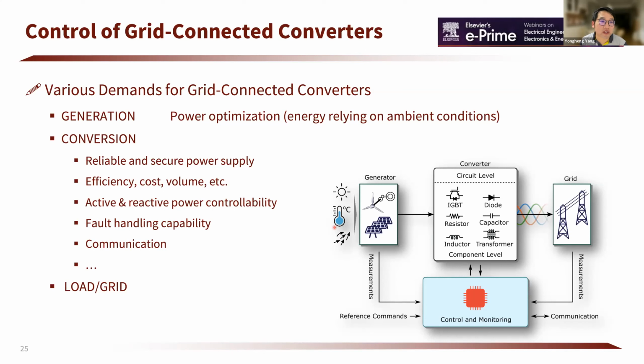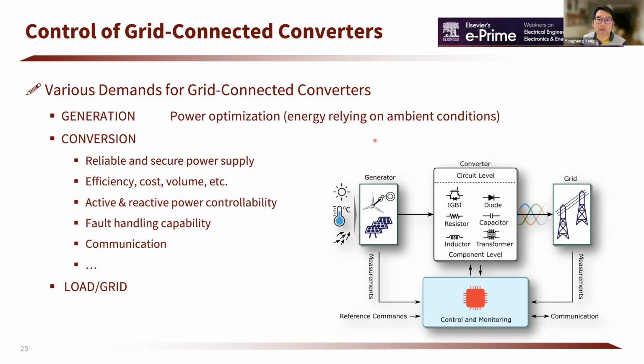And in terms of control, we have to achieve different goals at different stages. For example, at the generation side, we need to optimize the power because the energy production relies on the ambient conditions. For wind, that is the wind speed, and for PV, that depends on the solar irradiance level.